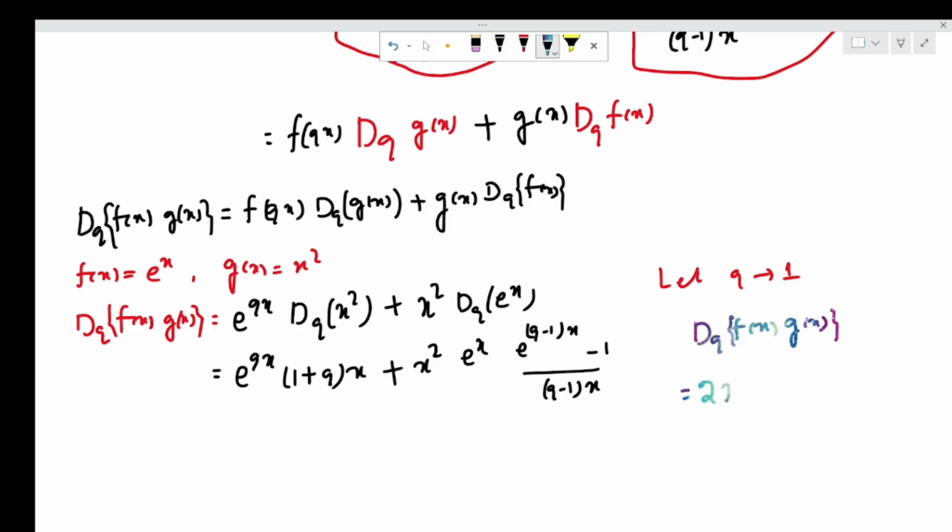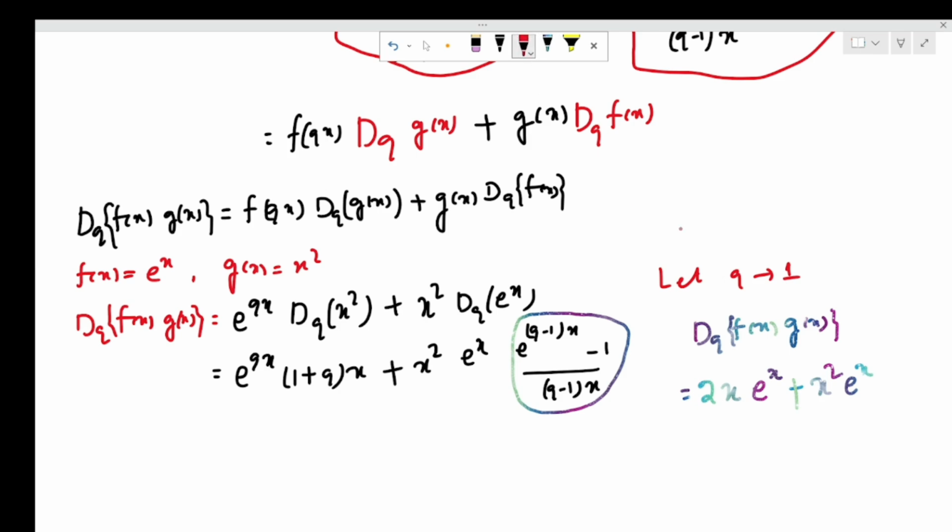So we can write 2x e to the power x, plus x square, then e to the power x, and the limit as x tends to, this entire function, will be 1.